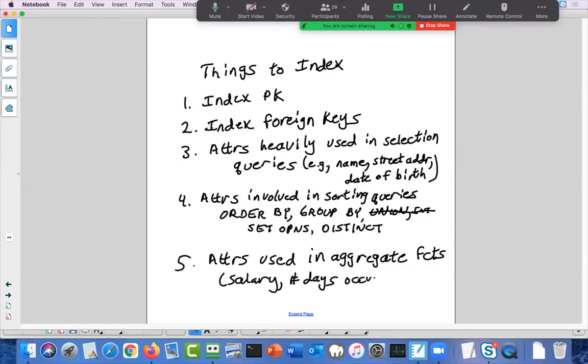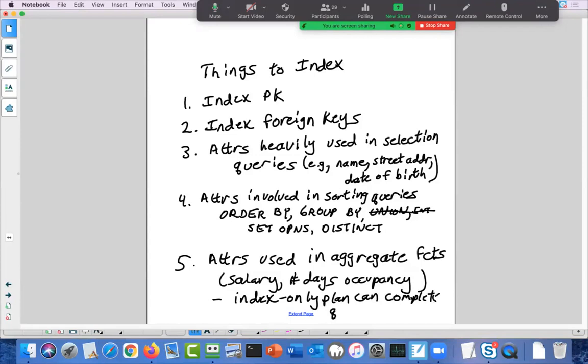I know that this is often computed, but if it was physically stored, then that would be something you would often put an index on. And the reason that you do that is that you can often use what's called an index-only plan to complete the query.